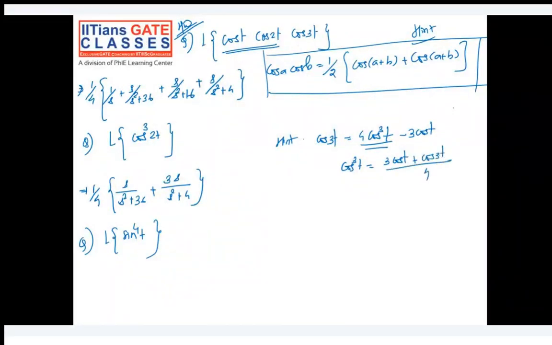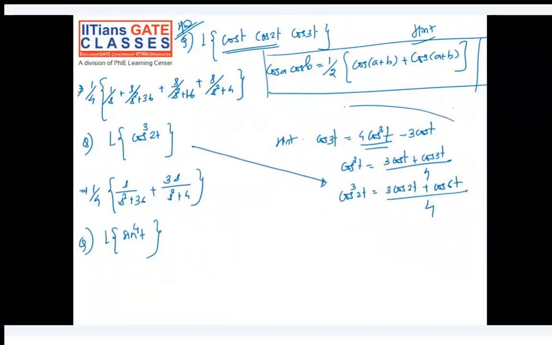But in our question we have cos cube 2t. So cos cube 2t will be equal to 3 cos of 2t plus cos of 6t by 4. Okay, so here you will apply this hint in order to solve the question.